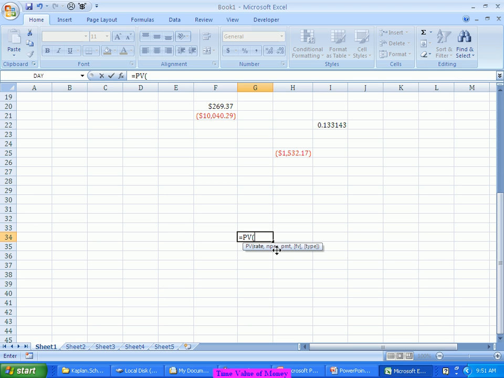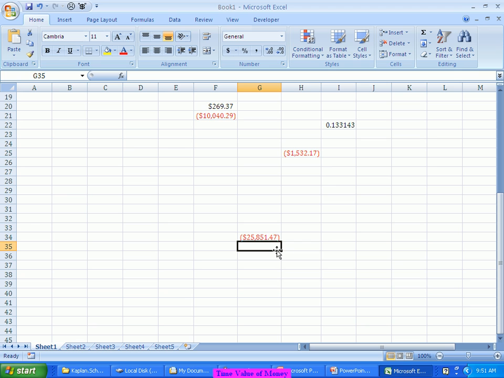The interest rate is 11.5%. Number of periods is 7. PMT is 5,000. And FV is 0. And this is in the begin mode. Excel has the begin mode separately. So the PV is 25,851.